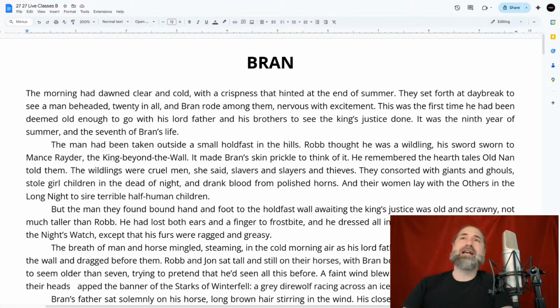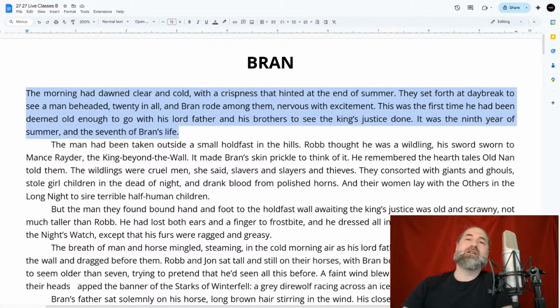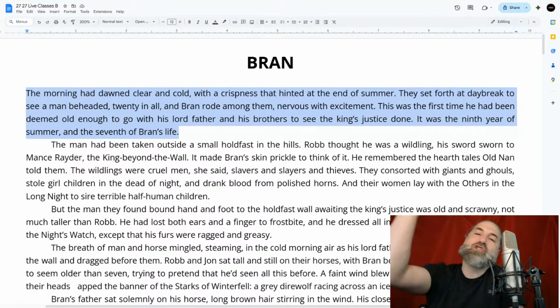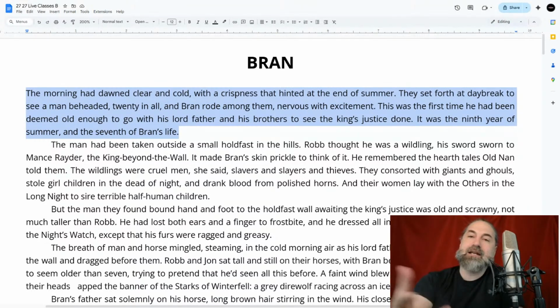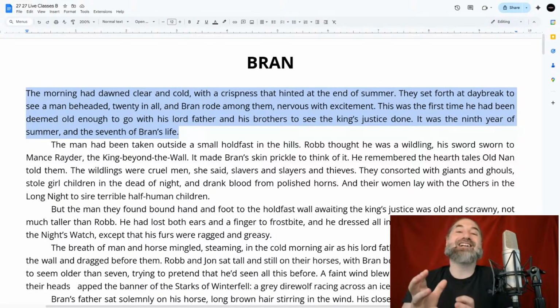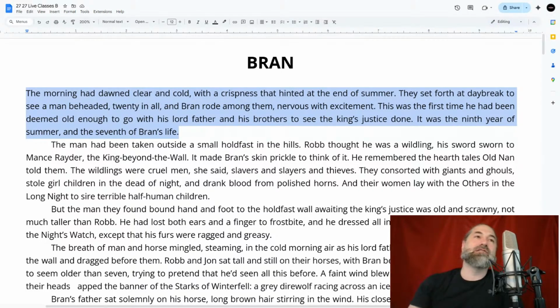So let's just jump right into it. This is what we might call an exposition dump, but it does have something happening. The big thing with agents and publishers is they say you need to just throw us right in. Something needs to be happening. That doesn't always mean action or people shooting guns.